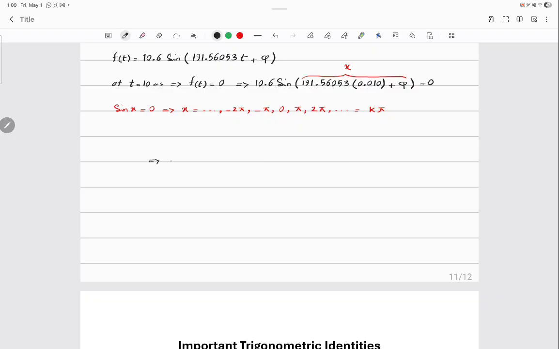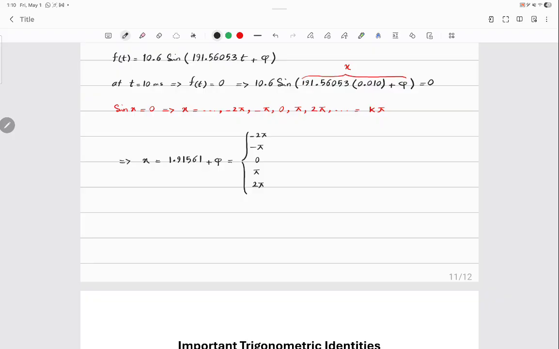So I can say that 1.91561 plus phi should be equal to what? What are my options? Let's start with negative 2 pi, negative pi, 0, pi, 2 pi, and see if I can get anywhere from them, okay?